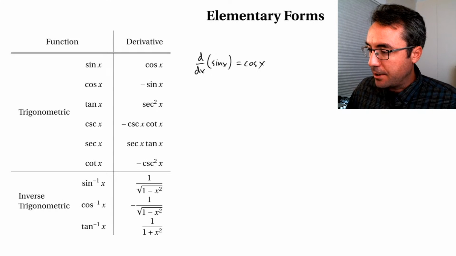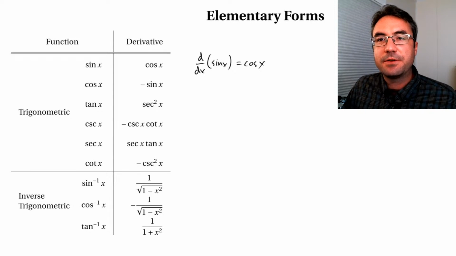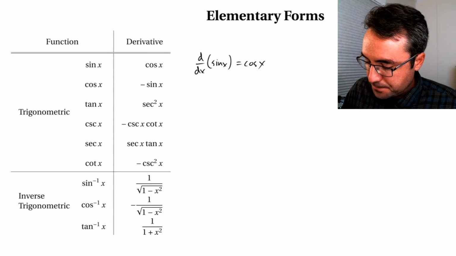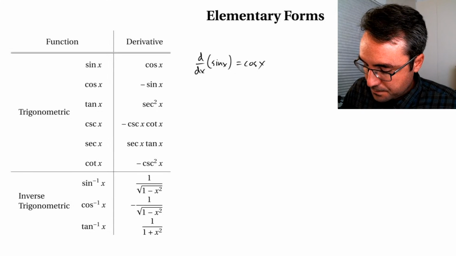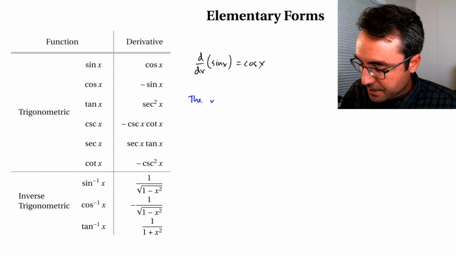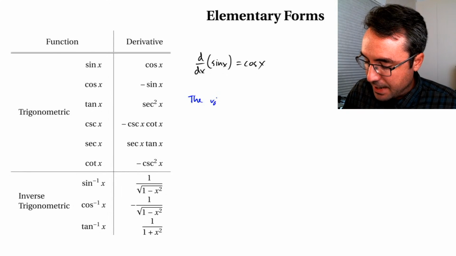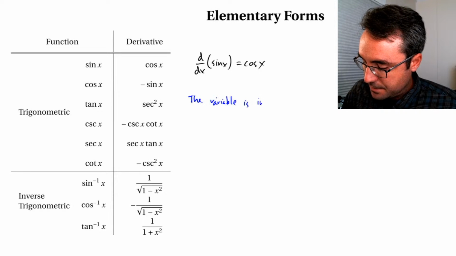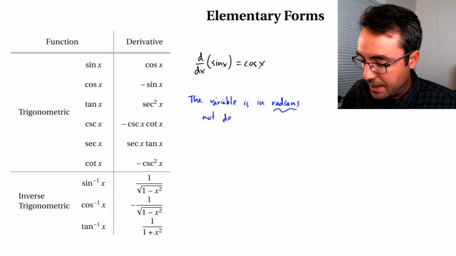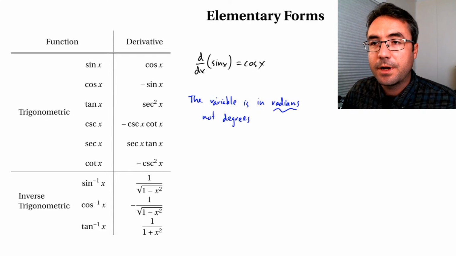And just a note here is that when we talk about trig functions, the variable is understood to be in terms of radians. So just keep that in mind if you're going to be using a calculator on your homework at all.